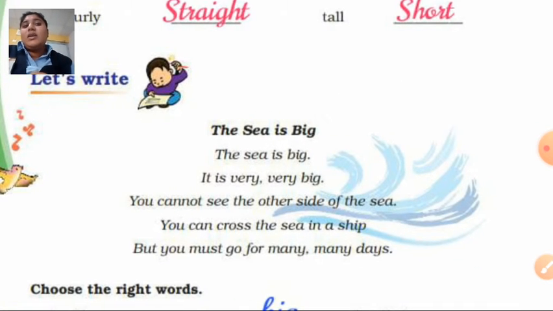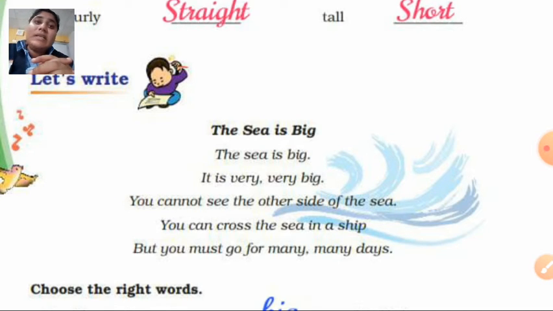Let's write, the sea is big. This is a short poem about a sea. As we already know, the sea is a very big place. The sea is big, it is very, very big. Now, the sea is big, it's very large. When we go to a sea or beach or an ocean, what do you observe?